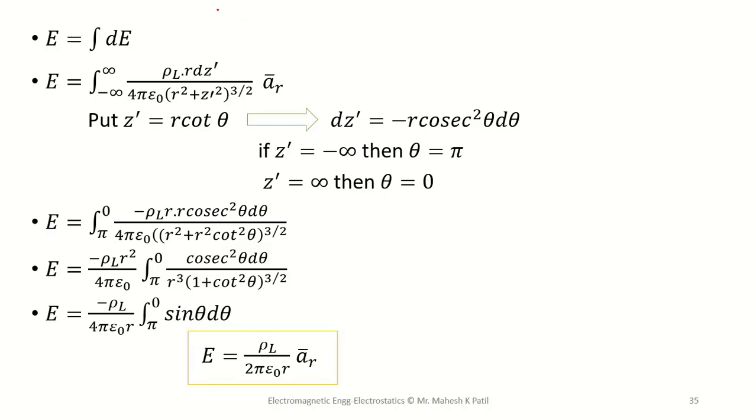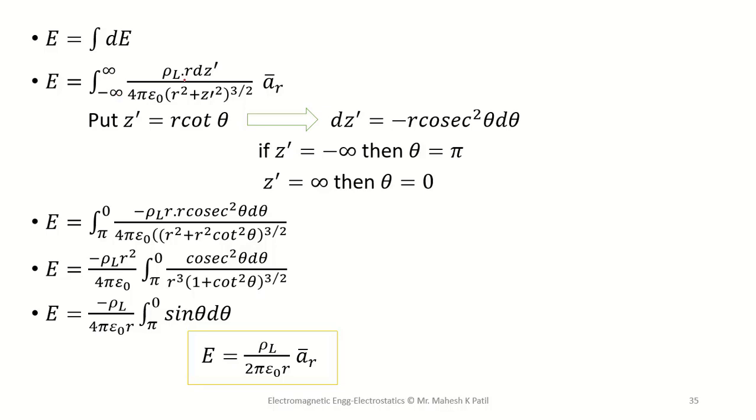If we want to calculate the entire field intensity, it will be the integration of dE bar. So the total electric field intensity E is equal to the integration of dE bar. So E will be the integration from minus infinity to plus infinity, because it is along the z axis.